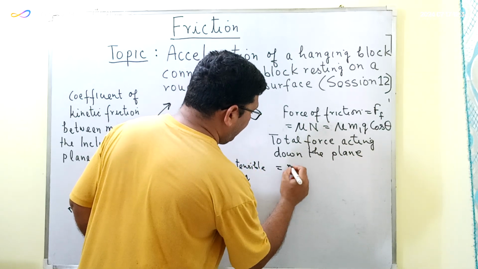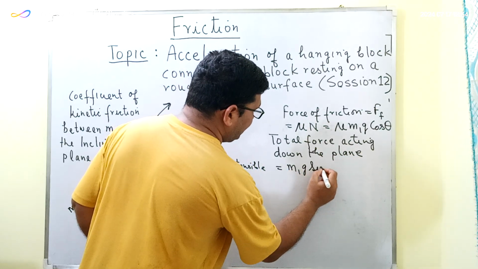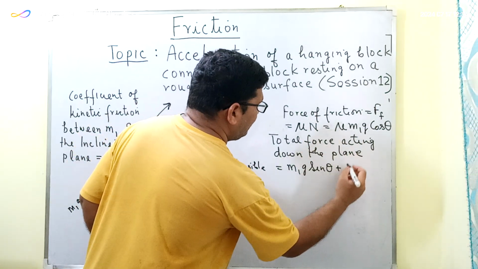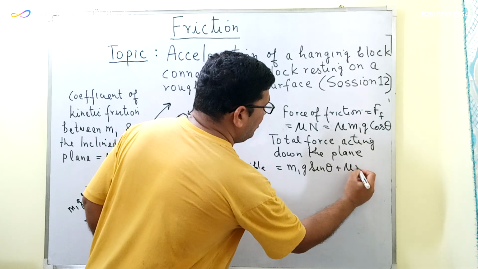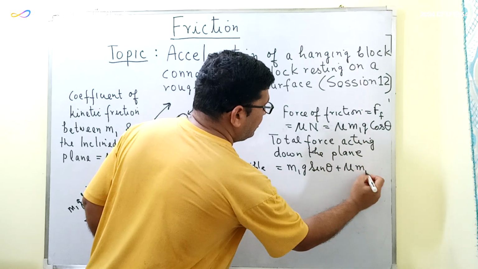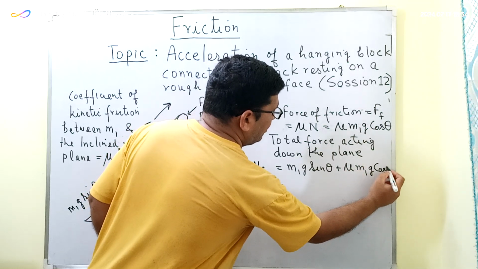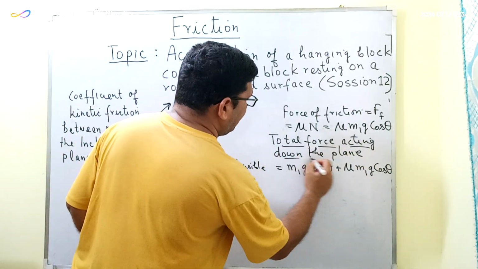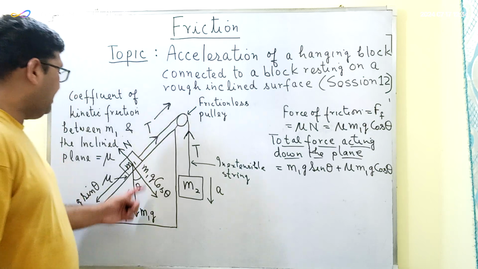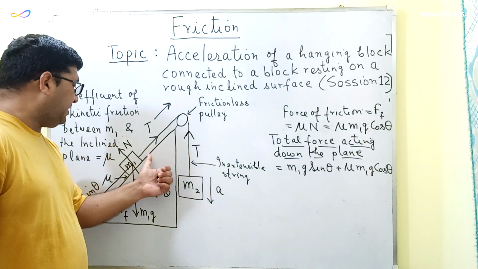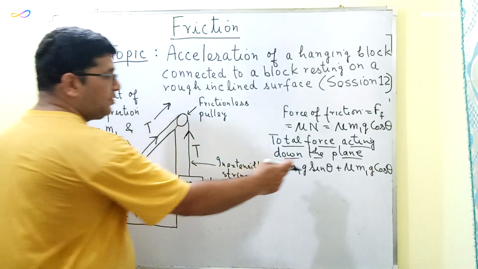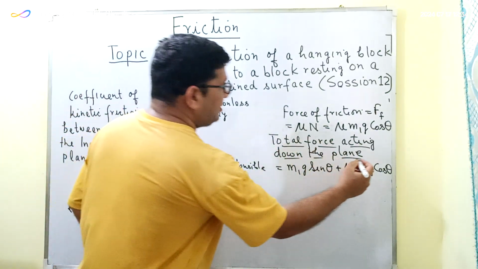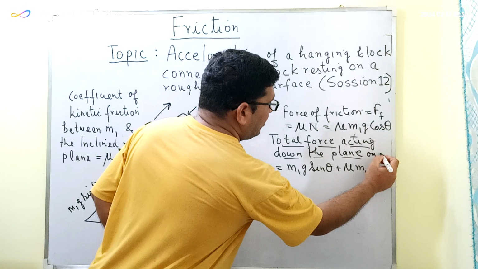This is equal to m1g sin theta plus the force of friction, that is Ff, which is equal to mu m1g cos theta. So this is the total force which is acting down the inclined plane on this block of mass m1.